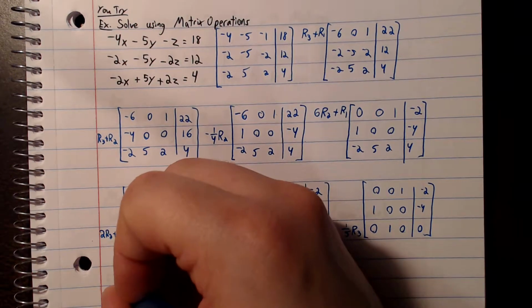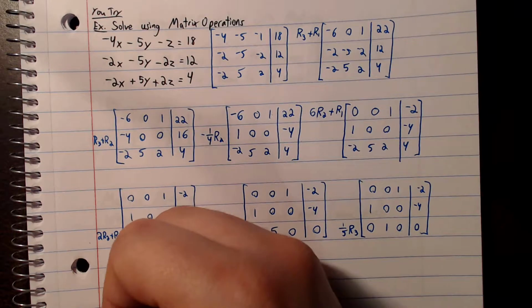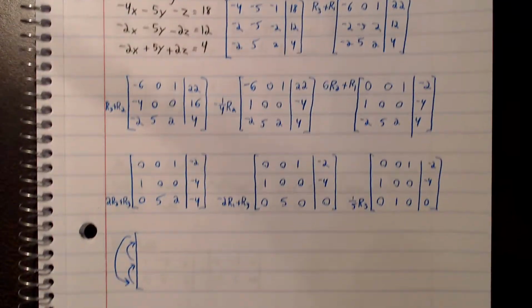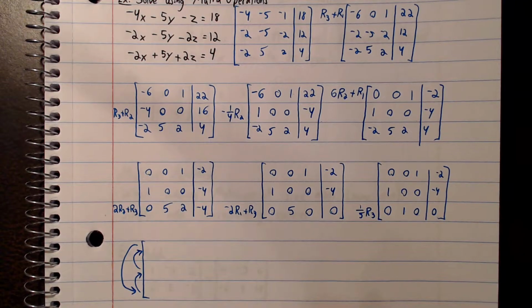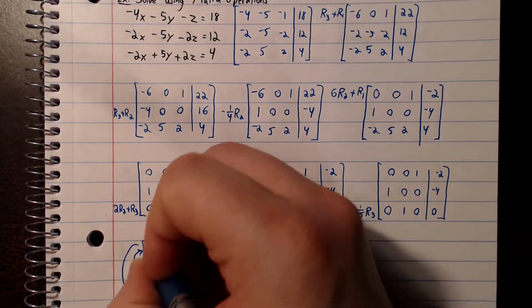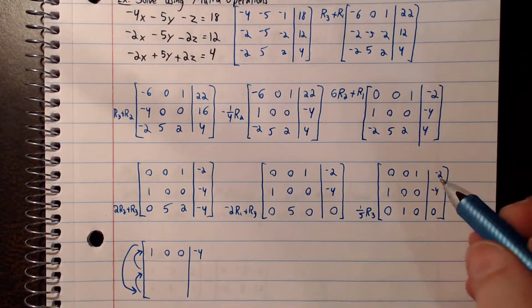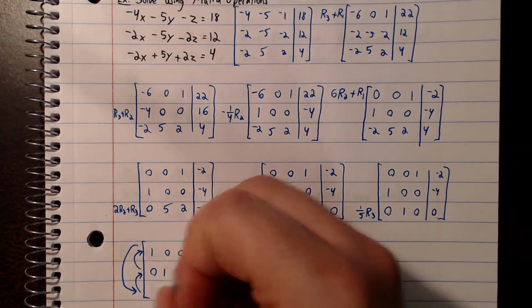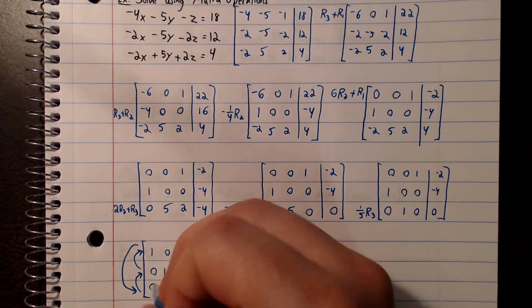I moved the middle one up, the bottom one to the middle, and then I'm going to move this third one all the way to the bottom. This is what we'll have. 1, 0, 0, negative 4 goes at the top. 0, 1, 0, 0 moves up 1, and this top one's going to move down.